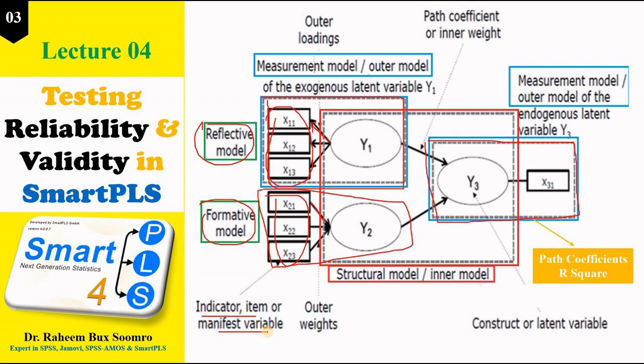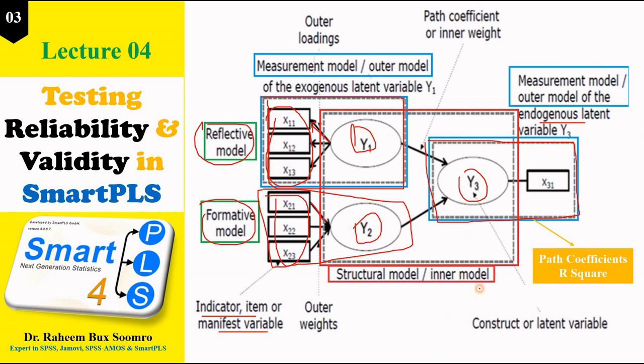Anyone can give a name to all these. Now these y1 and y2 are our exogenous or independent variables, while y3 is our endogenous latent variable, alternatively called a dependent variable.